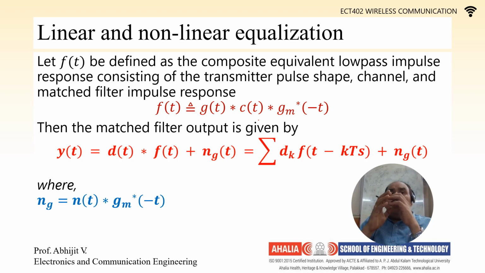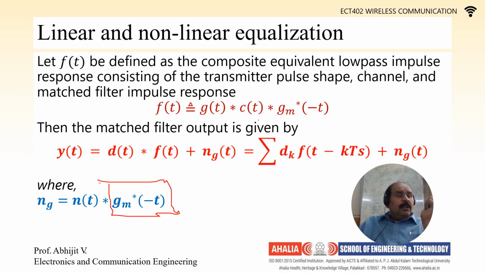The signal along with the noise is given to the matched filter, so you have a change in the noise, right? So n(t) convolved with g_m(-t). This is the response of the matched filter.